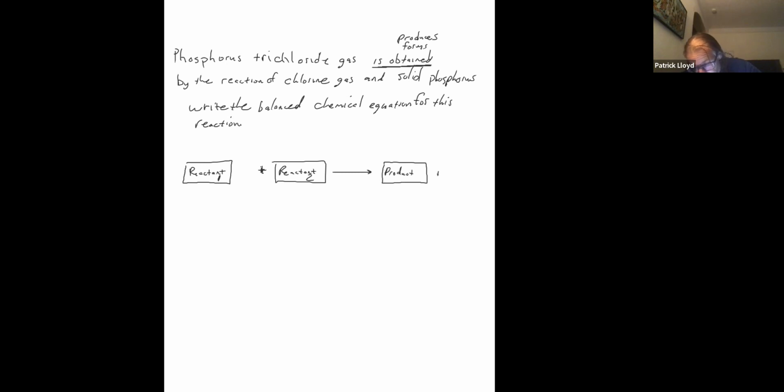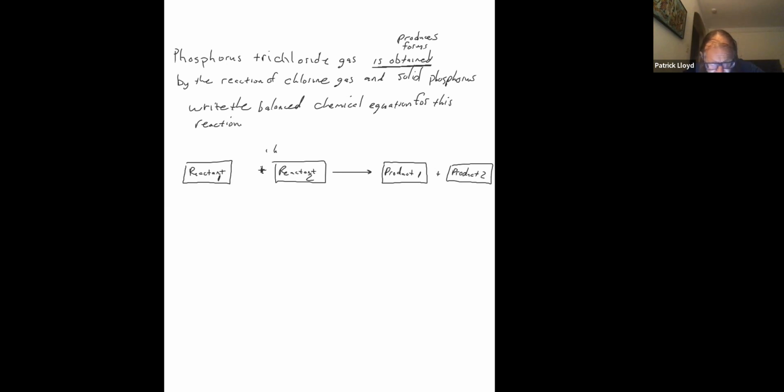So I'm going to show it as 2 products, although it could be 1, it could be 3. And since, again, there's more than 1, I'll write 1 and 2. Okay, so it doesn't have to be 2 reactants, 2 products. It could be 1 reactant, 3 products. It could be 3 reactants, 1 product, 2 and 2, 4 and 1, 3 and 5. It just depends on the situation. But in principle, we're going to use this idea of an equation.